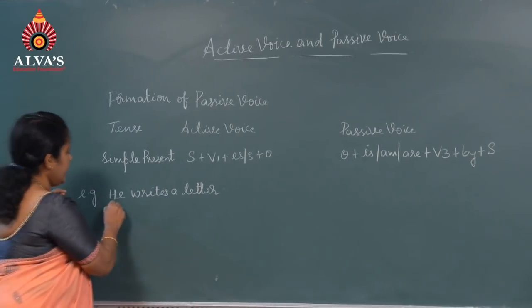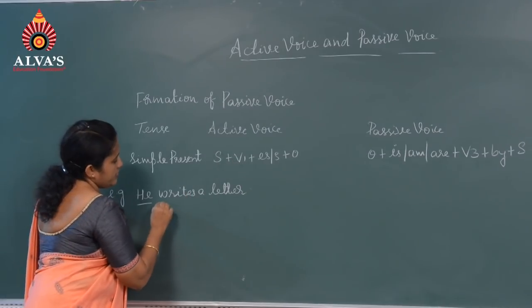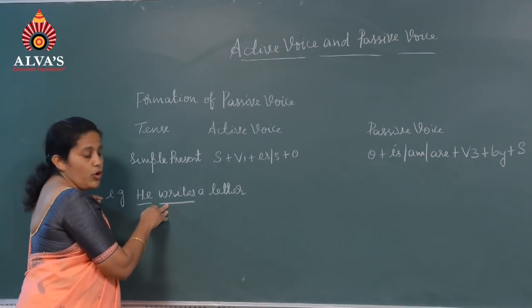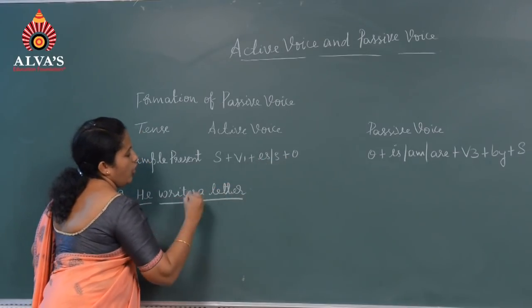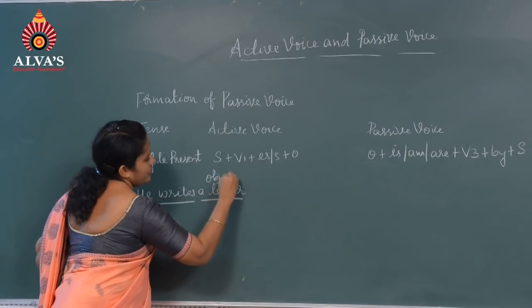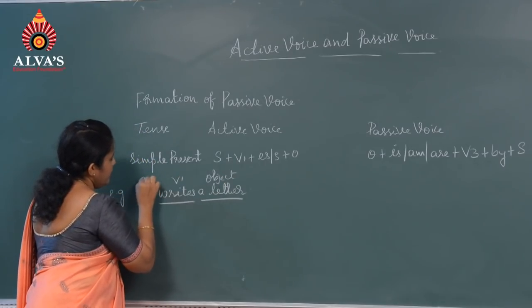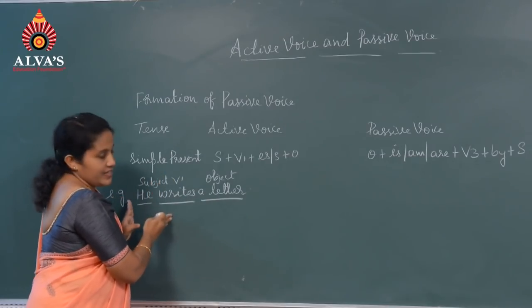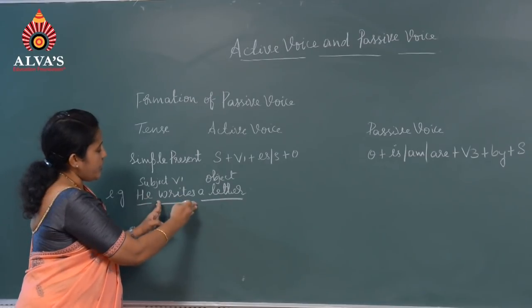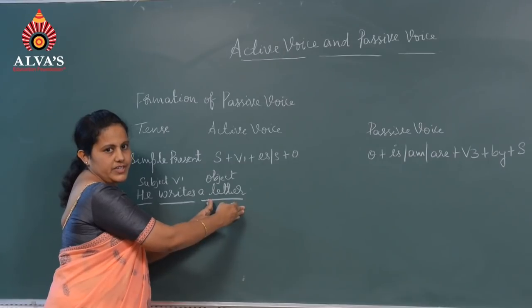Here, he is a subject, writes is V1, the first form of the verb, and a letter is the object. In this example, he is the subject, writes is the first form of the verb, and a letter is the object.